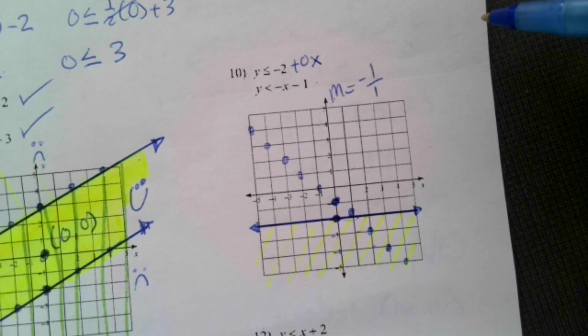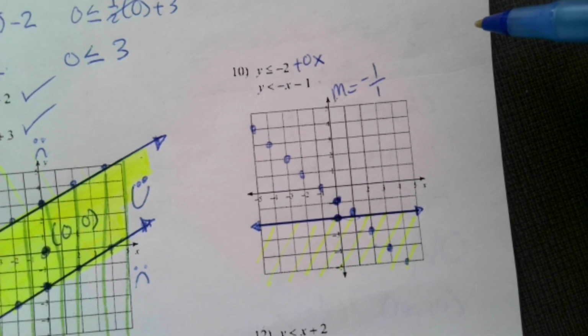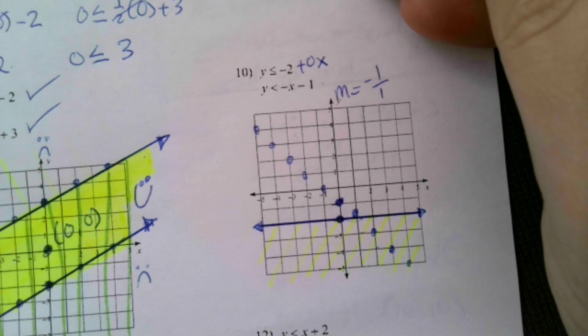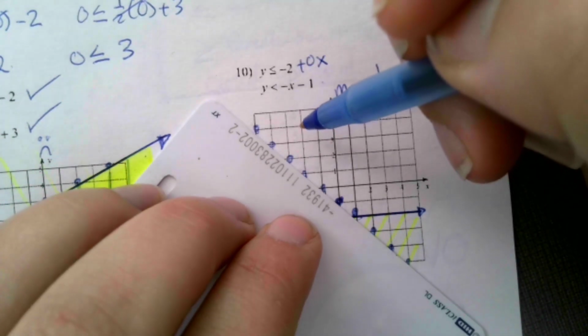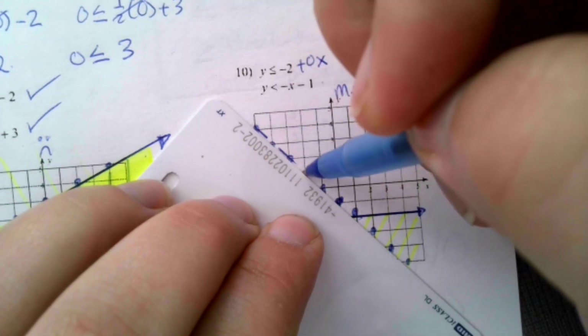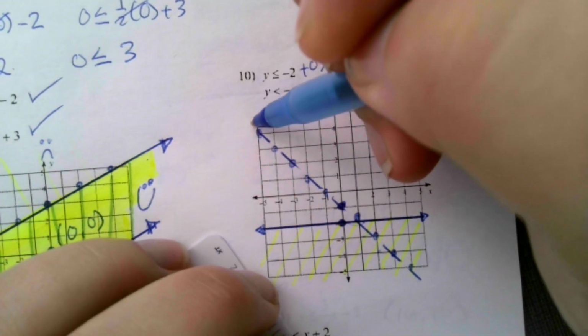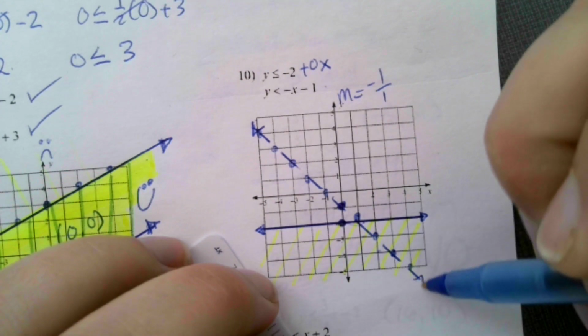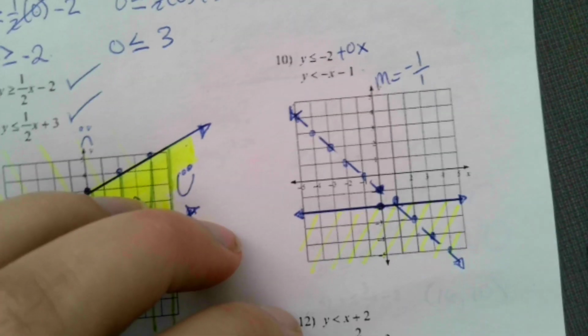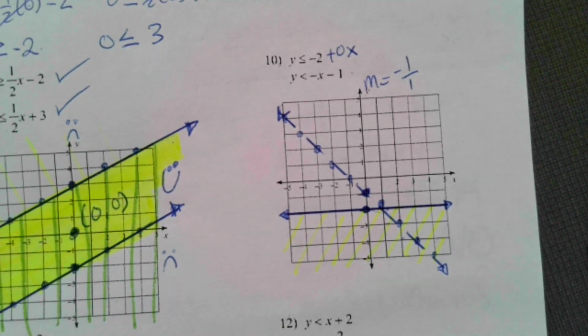Solid or dashed? Good, dashed. Okay, I'm with you. Above or below? Below.